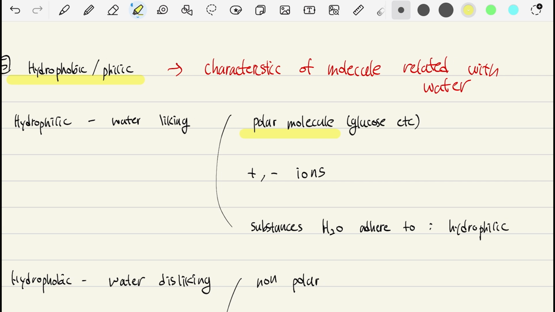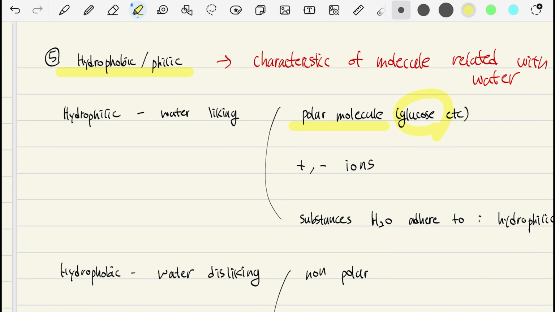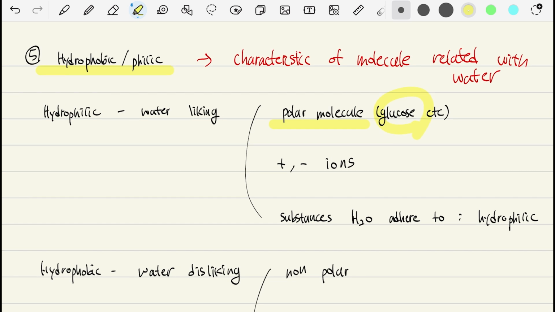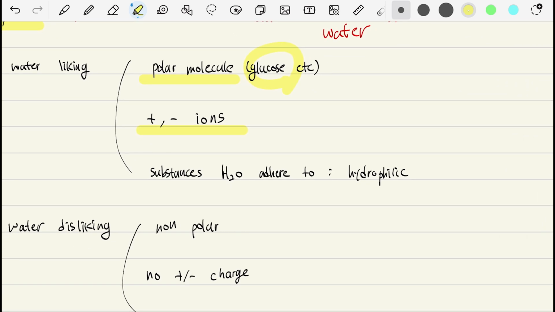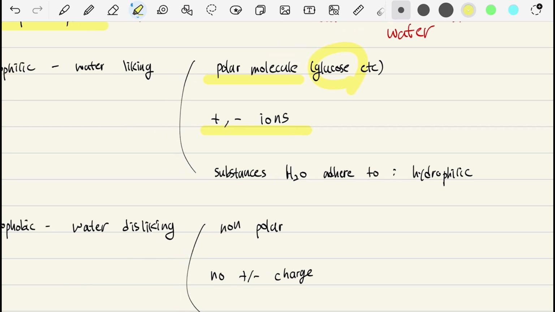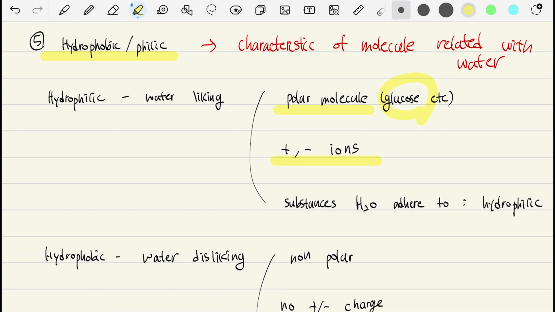For example, it would be something like glucose. And the other example of hydrophilic chemicals would be ions such as cations and anions, and substances that H2O is easy to adhere to. And yeah, that's all for hydrophilic.